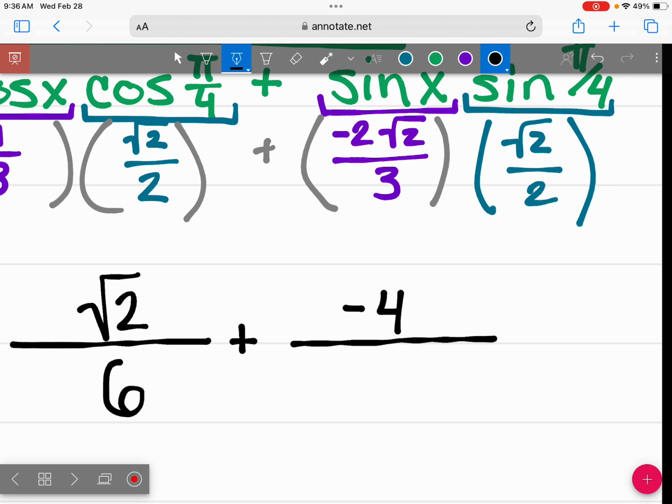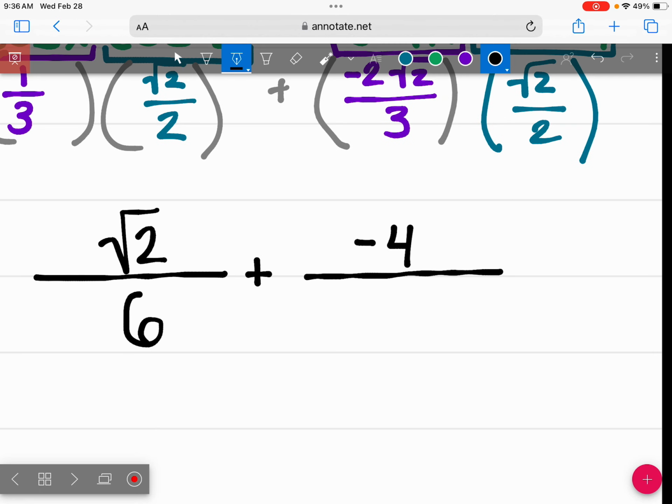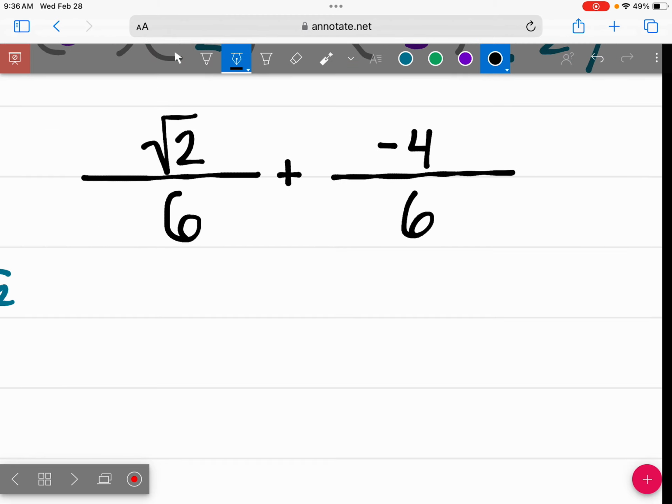The square root of 2 times square root of 2 becomes 2. So we have negative 2 times 2 over 6. Can I combine those together when we add them? No. So when we put this as a single fraction, we're going to have square root of 2 minus 4, or you can do negative 4 plus the square root of 2. Genuinely, I do not care. They're mathematically the same thing.